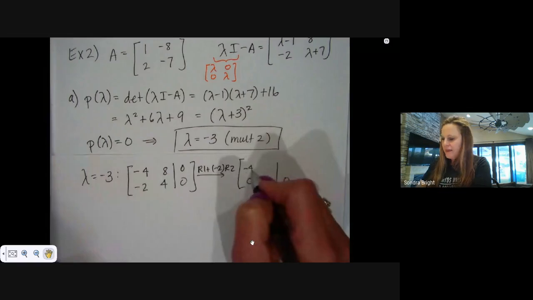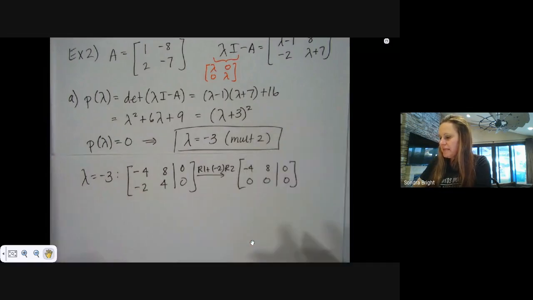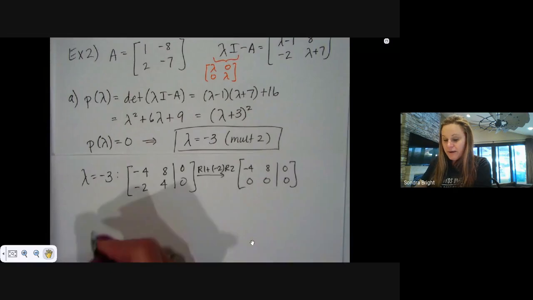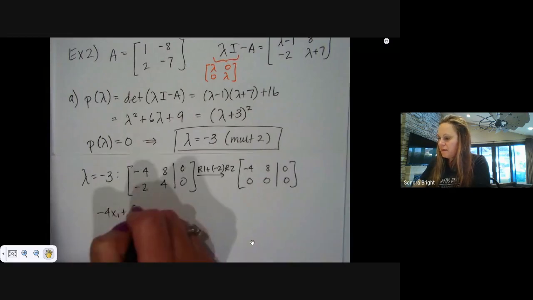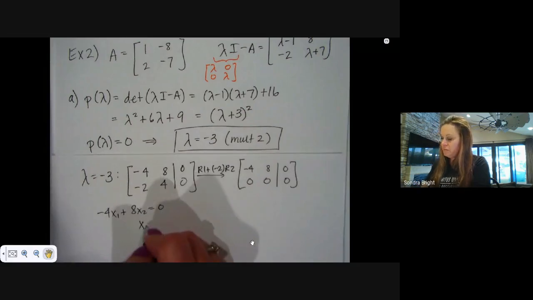And then that tells me that -4x1 plus 8x2 is equal to 0, which gives me that x1 is equal to 2 times x2.